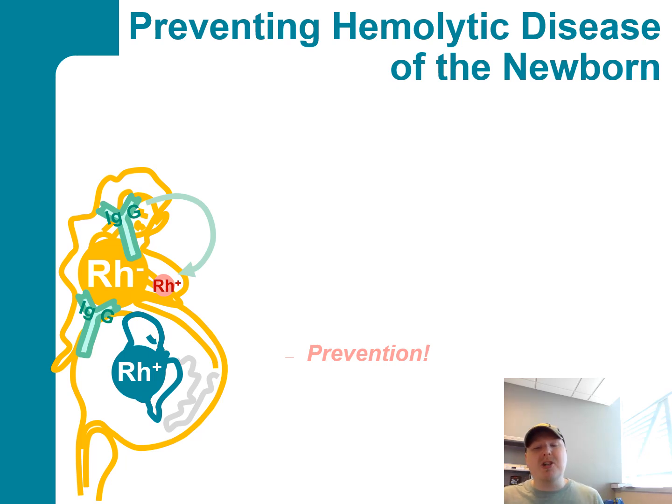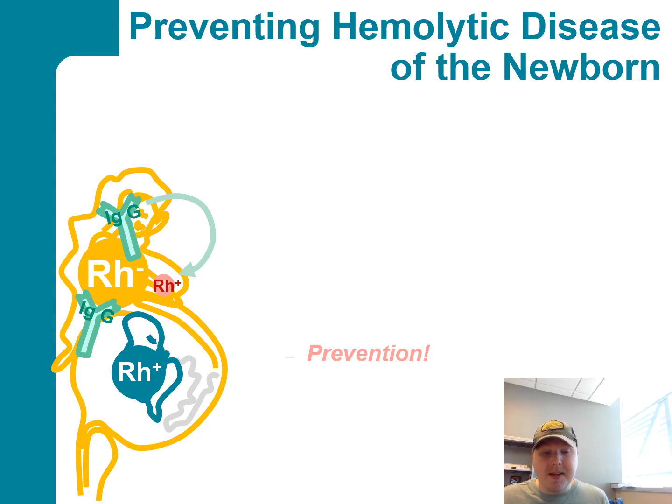A lot of practitioners will give an injection of anti-D at about 28 weeks into the pregnancy. Giving the anti-D antibodies is really a form of passive immunization of the mother. And we want to do that also immediately or as soon as possible after the birth too. Usually this takes place within the first 24 hours.